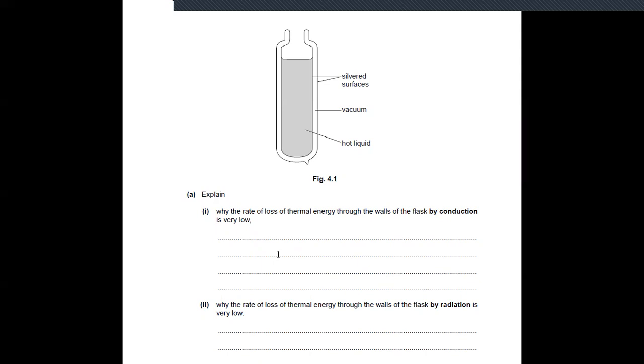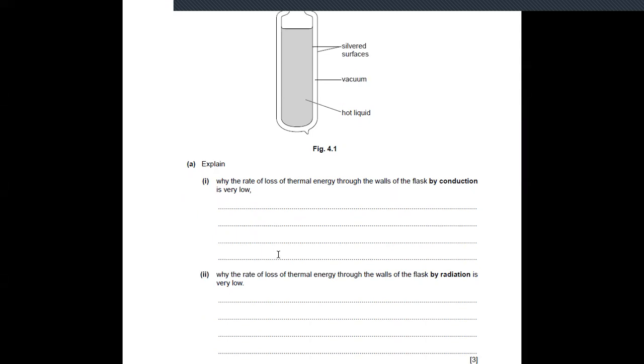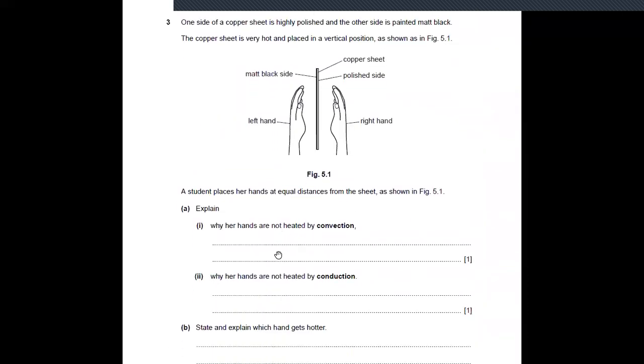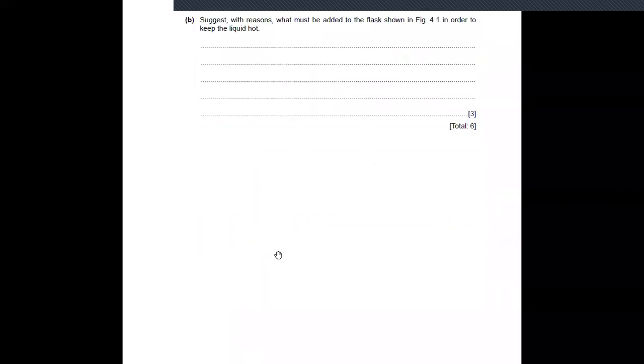A cap or a stopper on the top to prevent heat loss by evaporation. Yes. Good. Heat loss by convection. It won't be evaporation, it'll be convection. Miss, but it's for 3 marks, so should we mention like 3 points? No, if they're just saying suggest with reason, maybe two at the very most. You don't have to mention three.